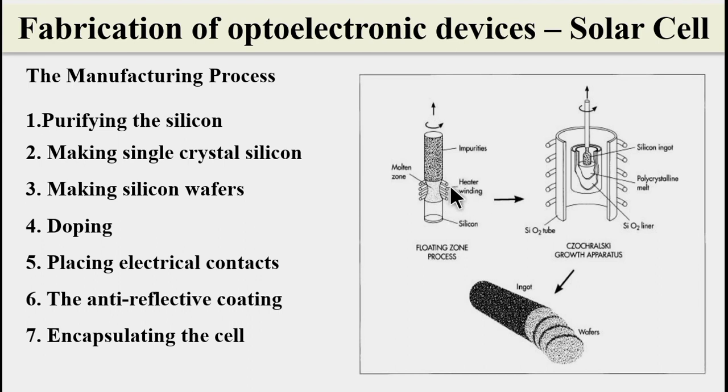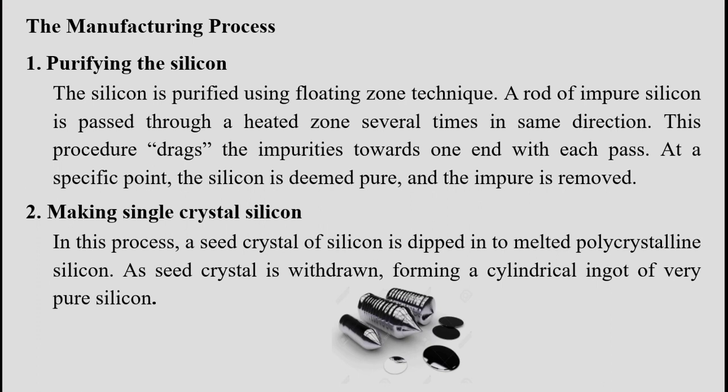Here there will be heated coils, and in the same direction, with each pass at a specific point, the silicon is deemed pure and the impurity is removed, and finally we have a pure seed silicon crystal.